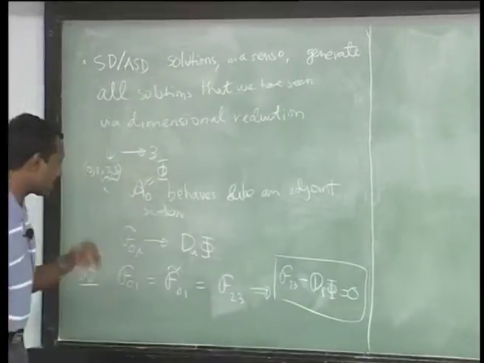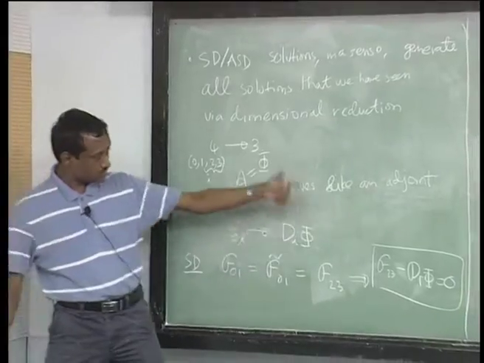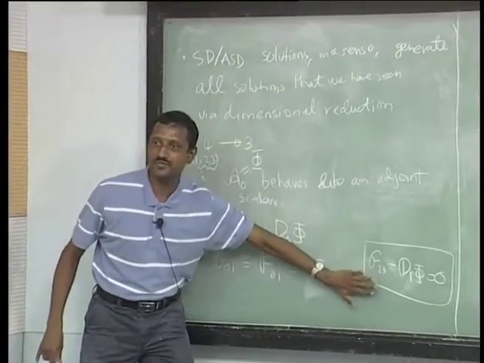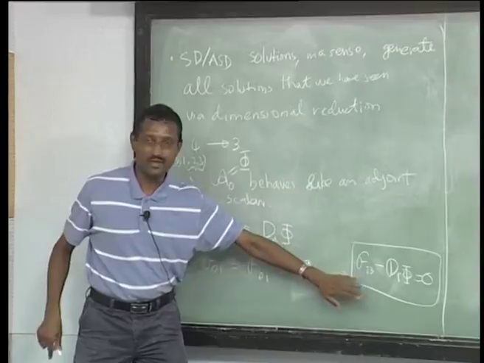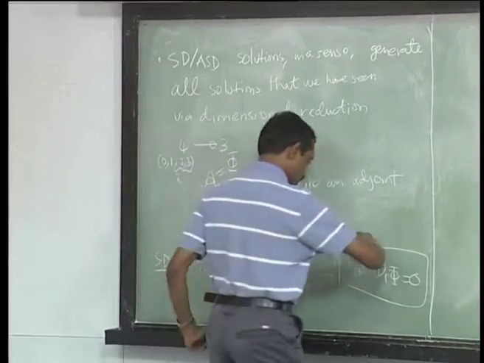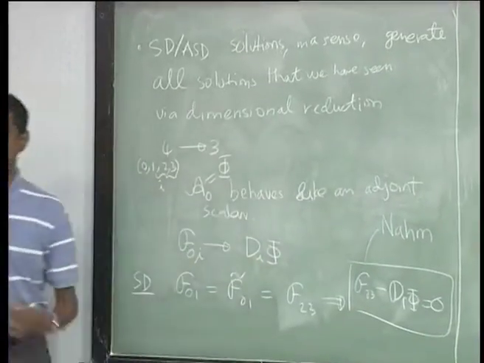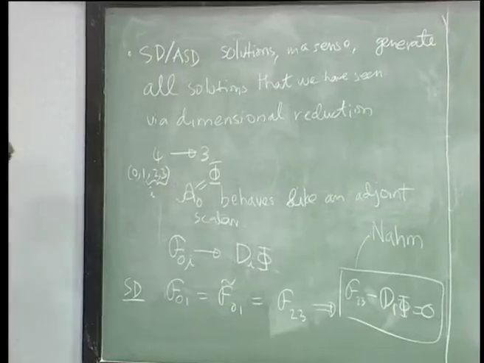If you are able to solve these equations, you can in fact guess some solutions of this kind also. In the context of monopoles, this is due to Nahm, so these are sometimes called Nahm's equations.